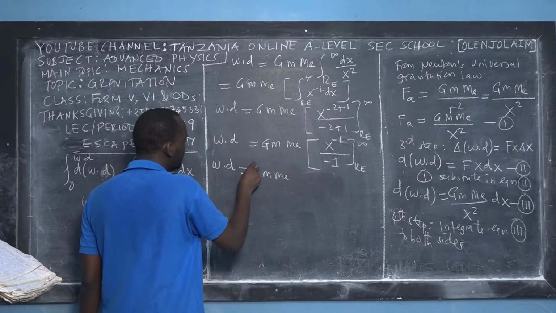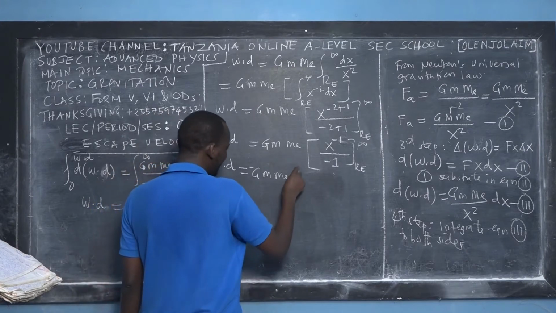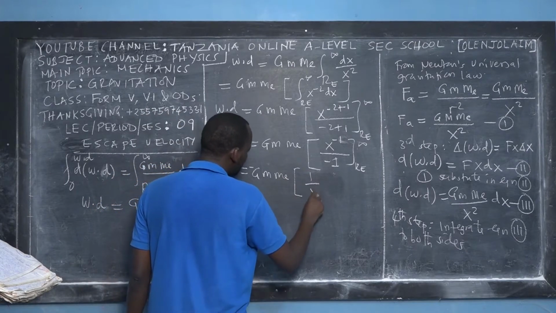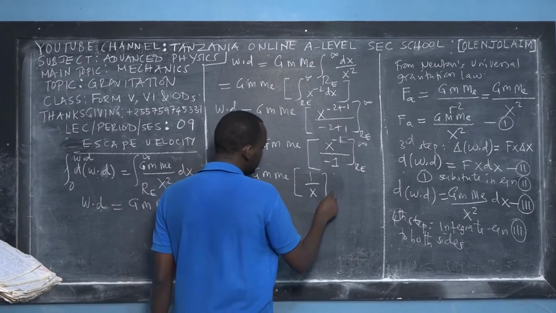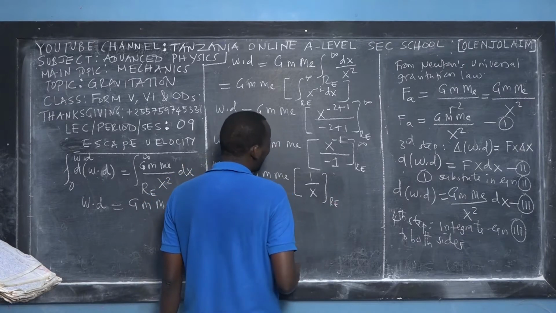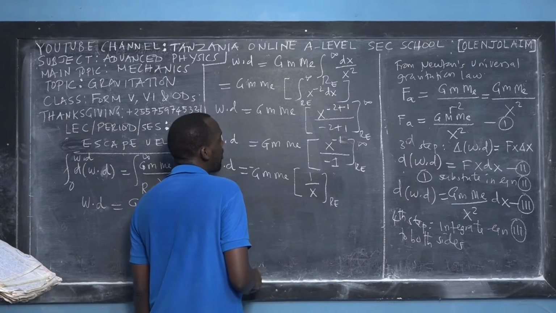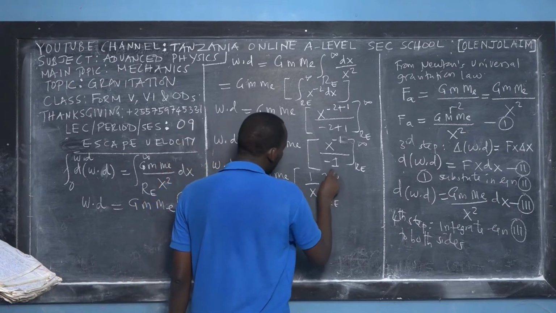So this is negative, and then here we have what? 1 over x, 1 over x, here you have RE, and this is infinity.